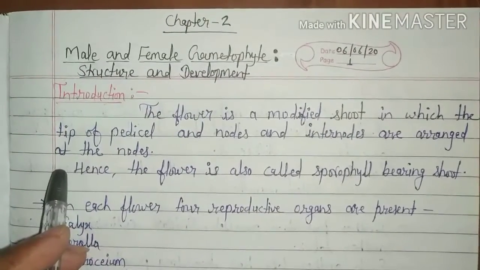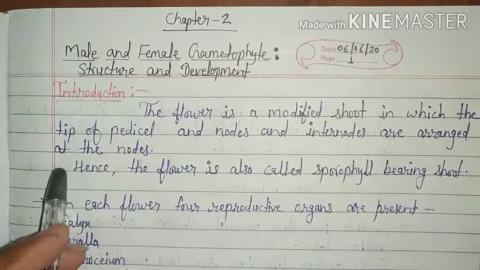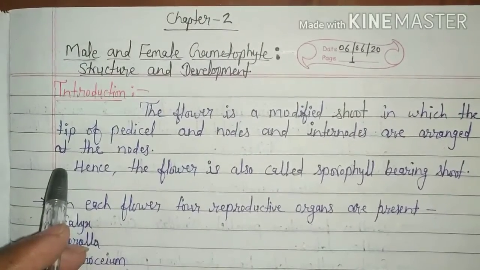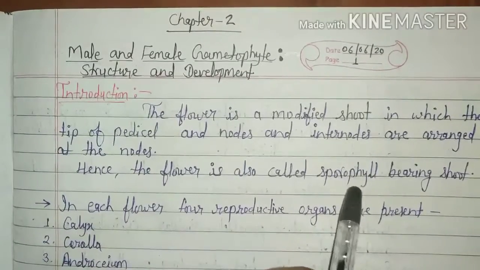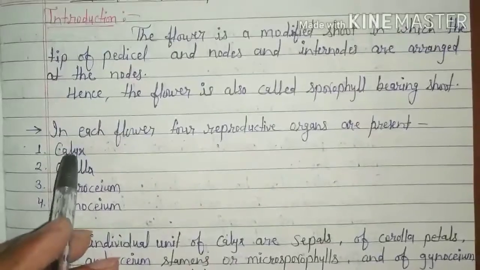Sterile and fertile floral leaves are arranged at the nodes. Hence, the flower is also called a sporophyll bearing shoot.